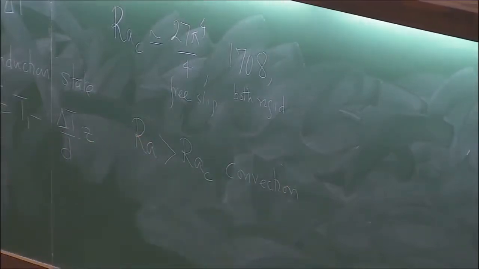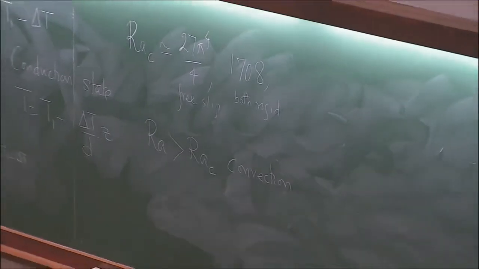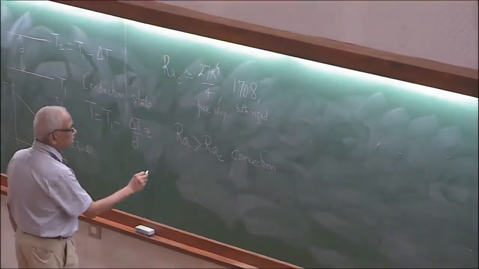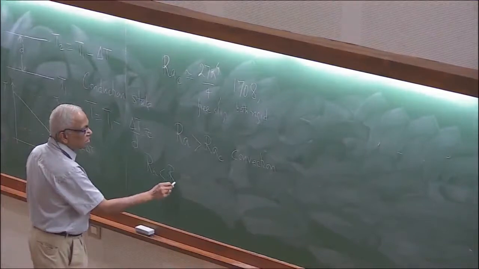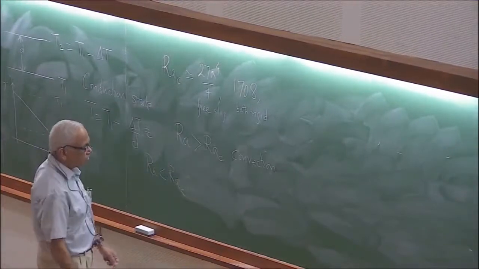Before the convection began, this was all the heat transfer. So for RA less than RC, the life was easy.